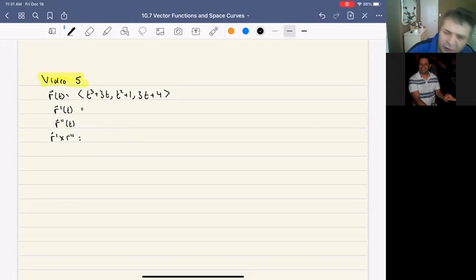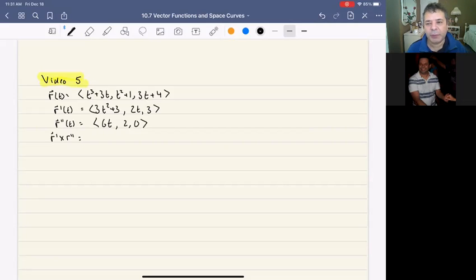So r prime's pretty standard, it is 3t squared plus 3, 2t, 3. We actually already did this. R double prime is 6t, 2, 0.